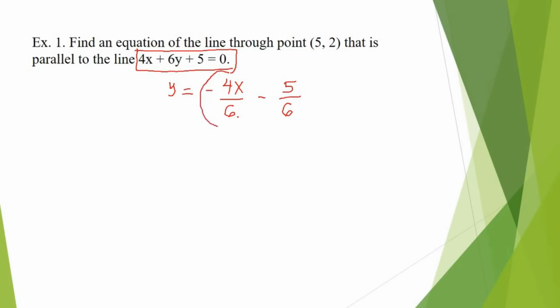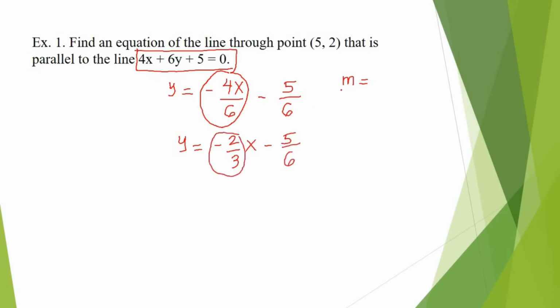Now, based on this equation, we know that our m is equal to, if we reduce this further, negative 2/3 x minus 5 over 6.